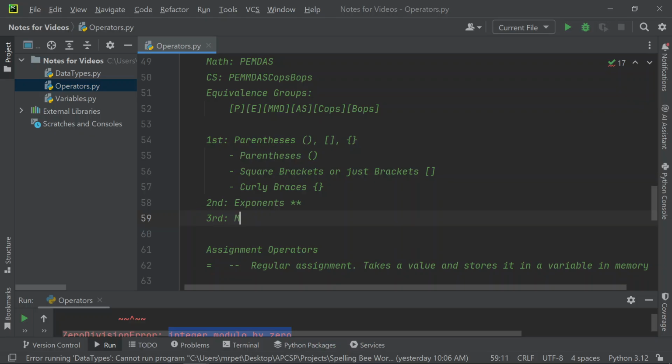Then we have modulus, multiplication, and division. But you have to remember division has 2 different operators. It is regular division or integer division. And these all have the same precedence.